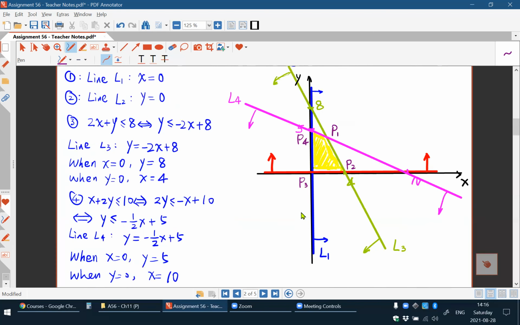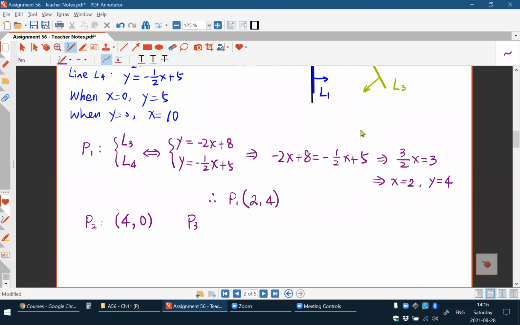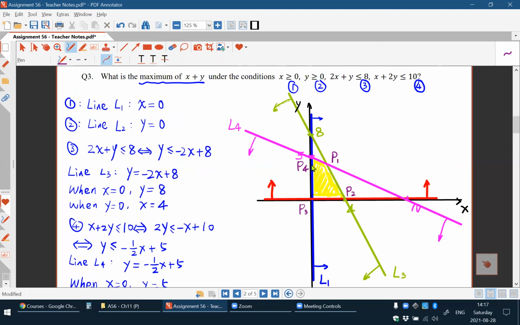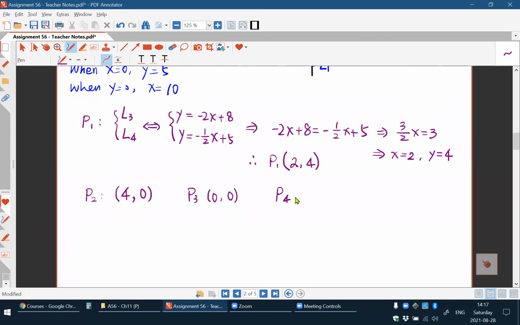P3 is just the origin, which has the coordinates (0, 0), right? And next, P4. P4 is here, which is the y-intercept of L4, which is (0, 5).